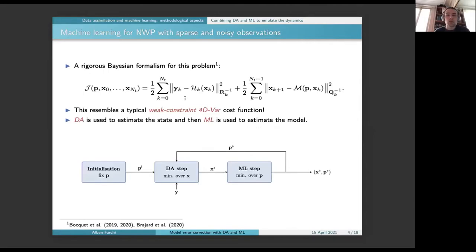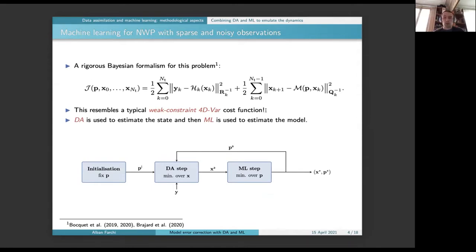So a rigorous way to include data assimilation in our problem would be to derive a new cost function, which now depends on both model parameters and the model trajectory. This cost function looks like a typical weak-constraint 4D-Var cost function, where you have a first term, which is the departure to the observations, and the second term, which corresponds to the model error term.